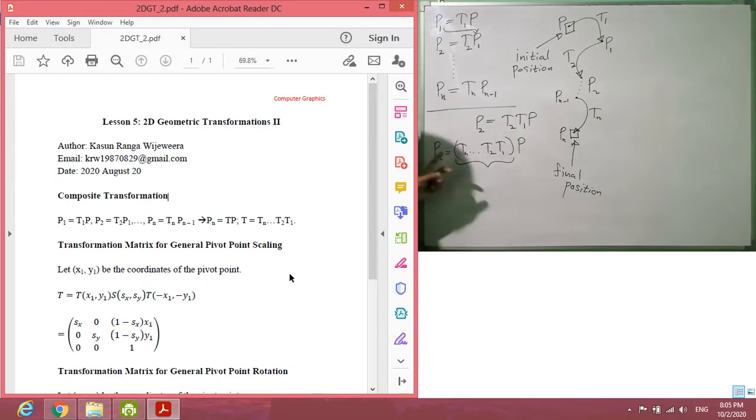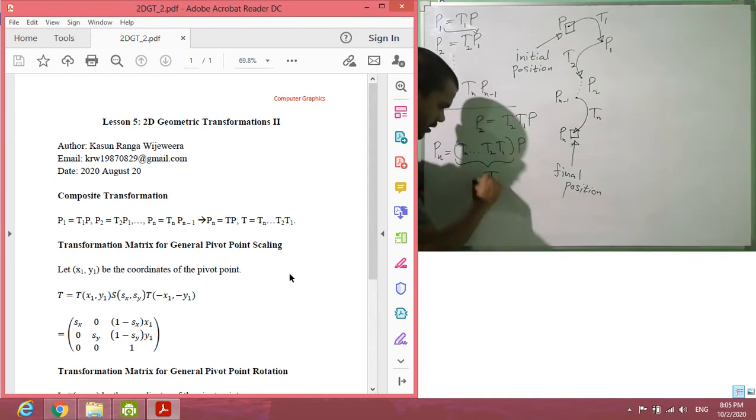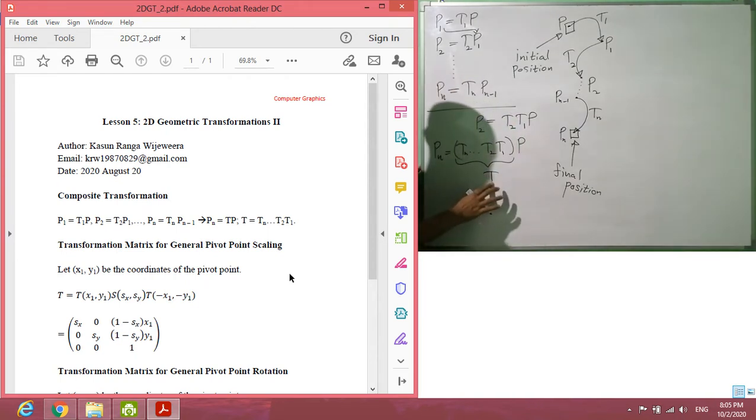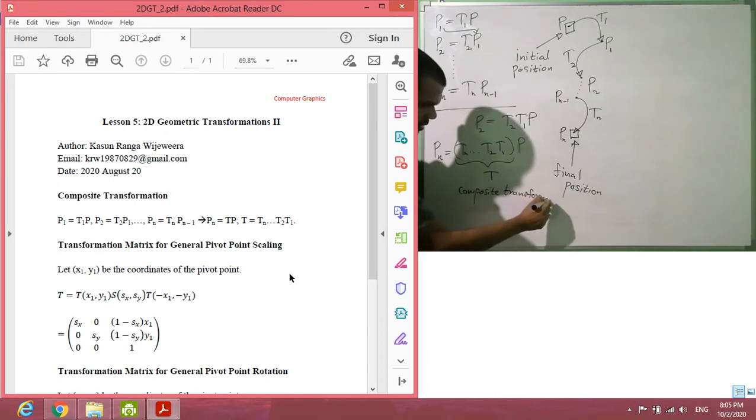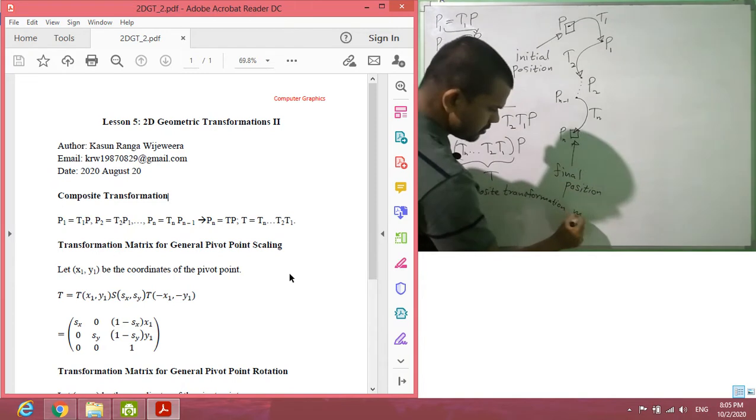Now we can compute this one. We can multiply this chain of matrices and compute that value. Let's say that is T. This value T is called the composite transformation matrix.